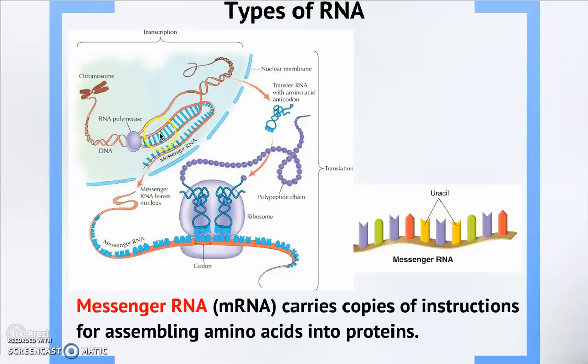So mRNA will come in and create an RNA copy of DNA, and then the mRNA will leave and go to the ribosome, where we know that proteins are actually made.